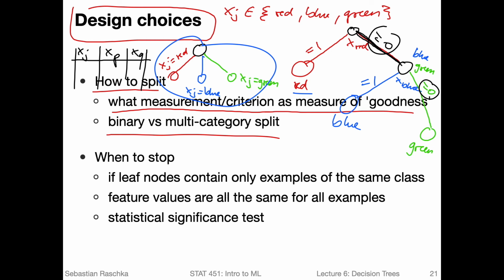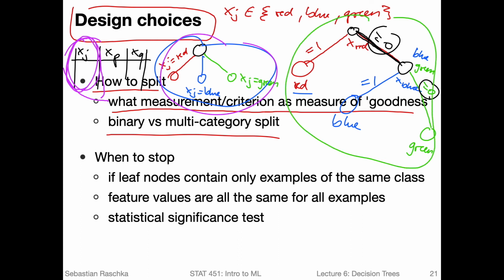When we converted this multi-category tree into this binary tree on the right hand side, it was only converting the xj column into a one-hot encoding, and then we were using on this side here all the xj related new features. With that I mean we use then x red and x blue, right?